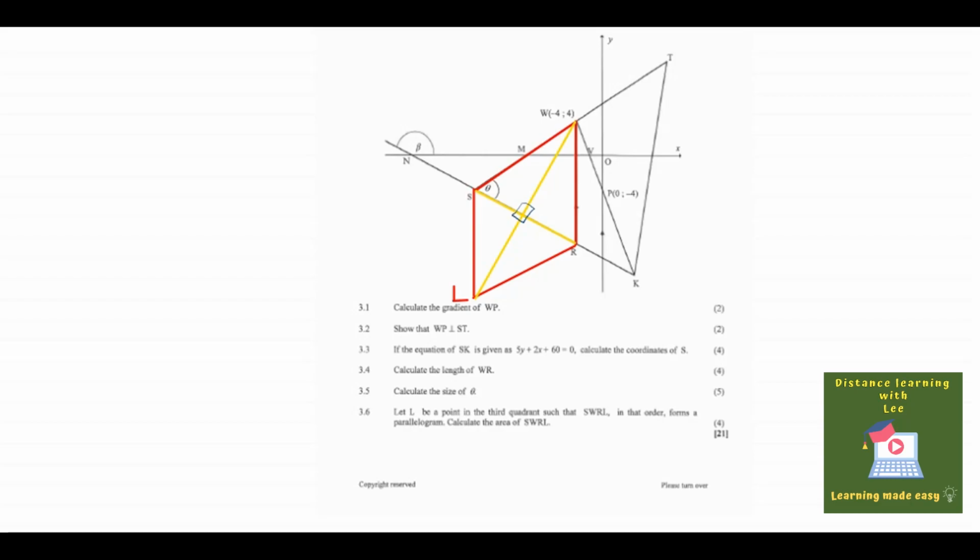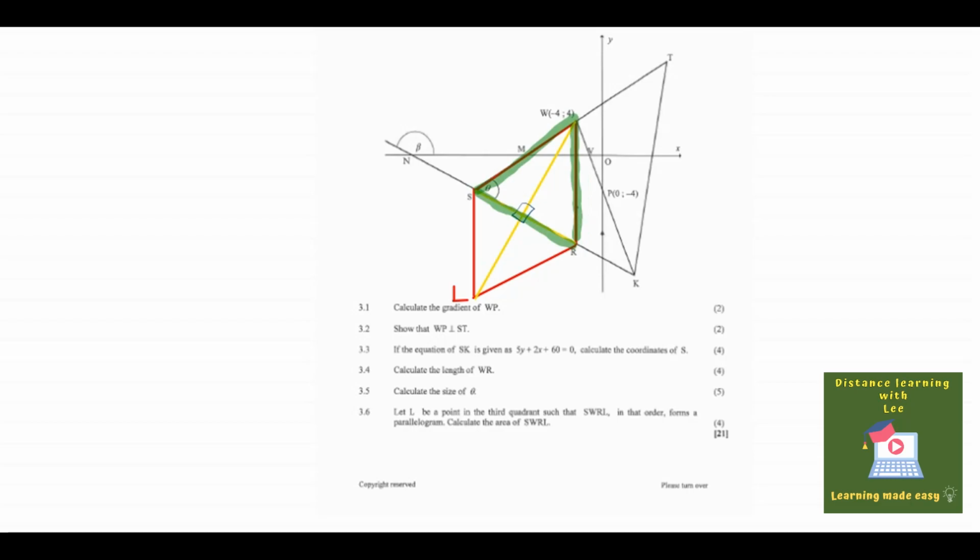Guys, I'm sure you can see that it's going to be pointless to calculate the area of the whole thing. So we basically have to calculate the area of SWR. Looking at the properties of a parallelogram, if we calculate the area of triangle SWR, then we can just simply multiply that value by 2, because we know that opposite sides are congruent.